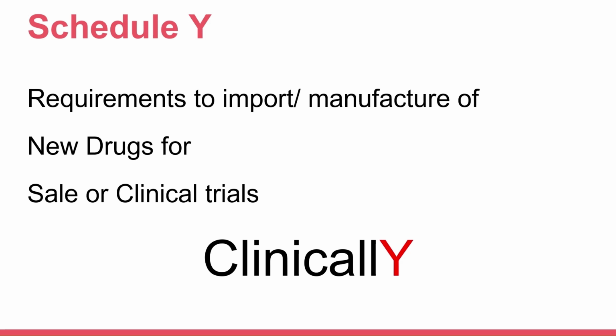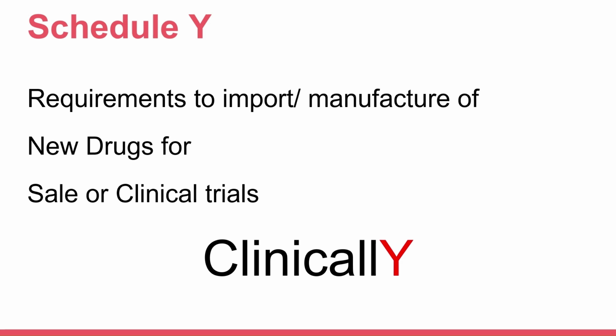Now Schedule Y. This is the requirements to import or manufacture new drugs for sale or clinical trials. For importing or for manufacturing new drugs, those requirements are stated in Schedule Y. That manufacture or import may be for sale or may be for clinical trials.